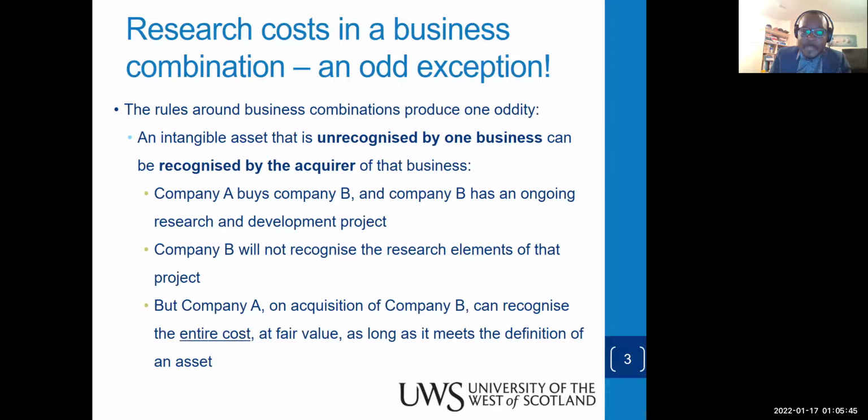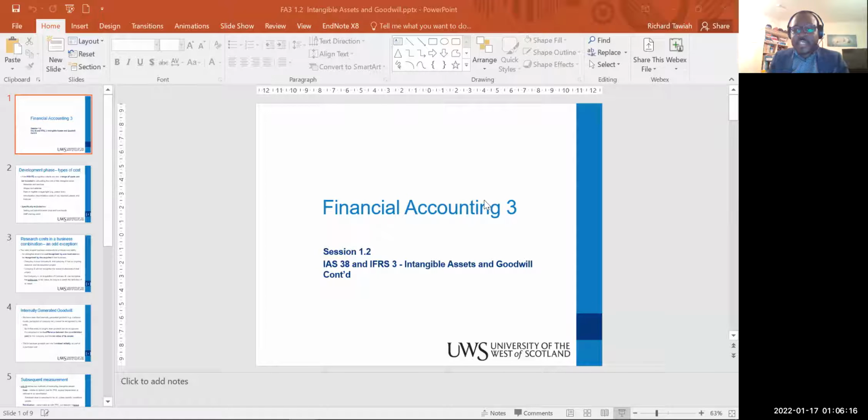However, company A, upon acquiring company B, can recognize the entire cost of the research, provided we can measure it at the fair value and provided it meets the definition of an asset. You control it, it leads to future economic benefit that flows to you. You need to recognize it. That's quite odd. So there's a little bit of ambiguity over here, but the rules or the criteria says that.